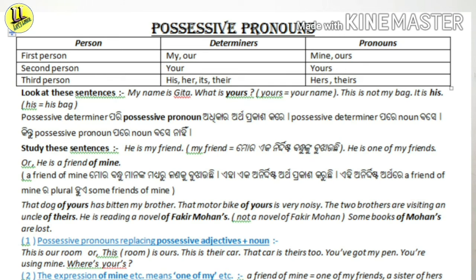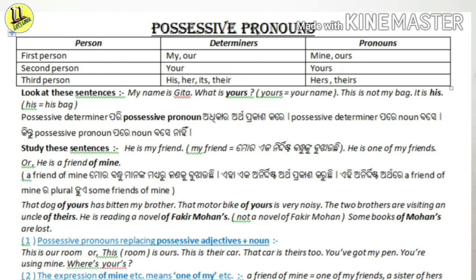The two brothers are visiting an uncle of theirs. He is reading a novel of Fakir Mohan's. Here, of Fakir Mohan's means not a novel of Fakir Mohan. Some books of Mohan's are lost.